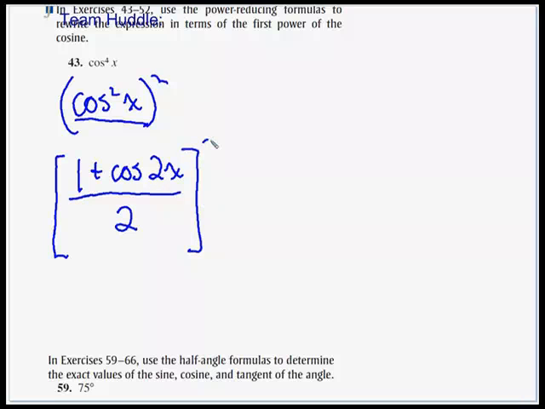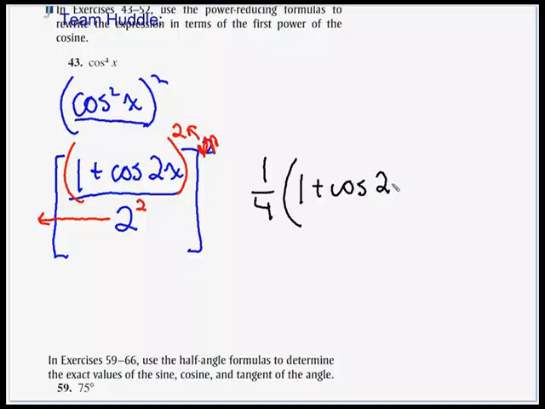And this quantity is squared. And just like we did with sine, when we were doing this first example, we're going to distribute the squared to that, and also down here to the 2. And then we drag this out front as a fraction. In the denominator, that is a 4, so out front, we're going to have a 1/4. And then we're going to have 1 plus the cos of 2x, quantity squared.